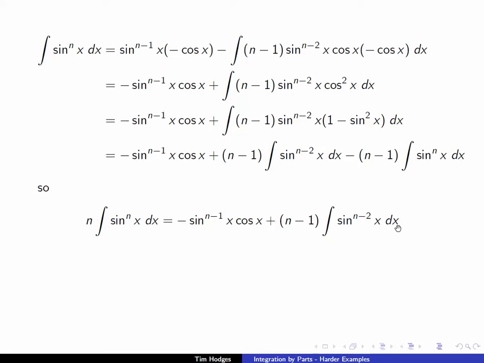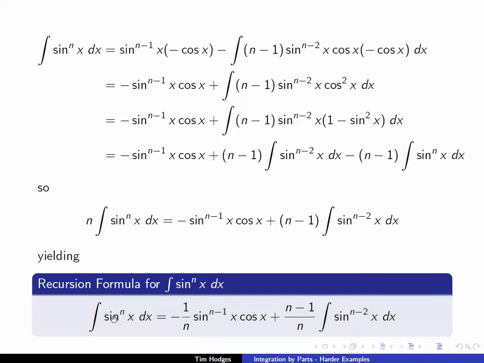So this is where we can stop. After we've divided by n, we get what we call the recursion formula for sine to the n x. It expresses the integral of sine to the n x dx in terms of an expression plus an integral of a smaller power. And given any specific value of n, by applying this recursion formula repeatedly, we can eventually get the answer to our problem.